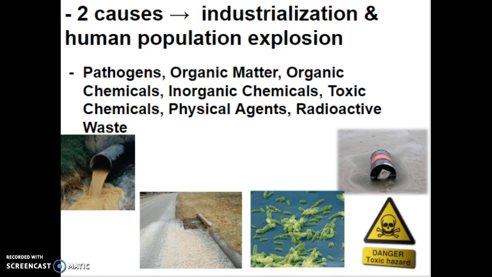So when we talk about the different types of pollutants that can be in freshwater, we can talk about pathogens, which are the virus or bacterial strains that get into the water. If people consume that water, we could get very sick.